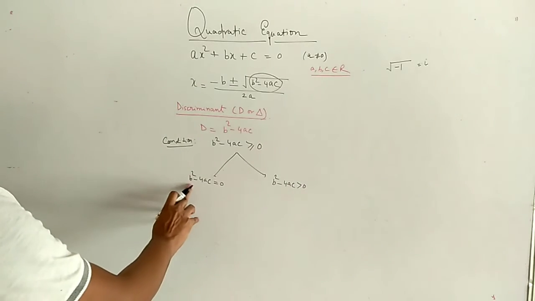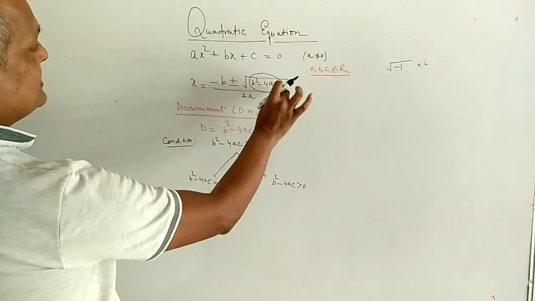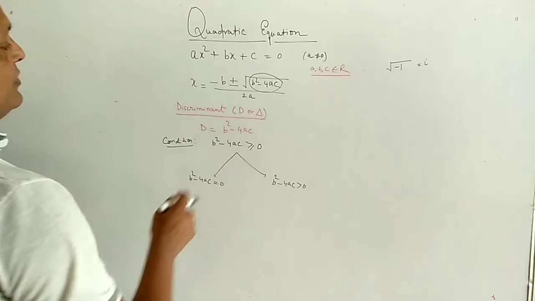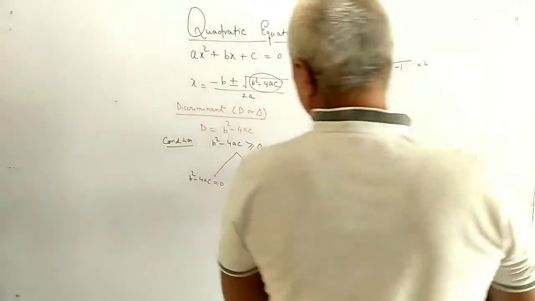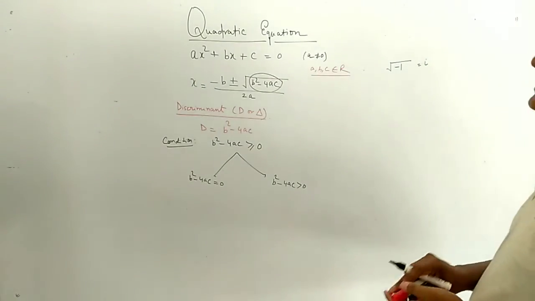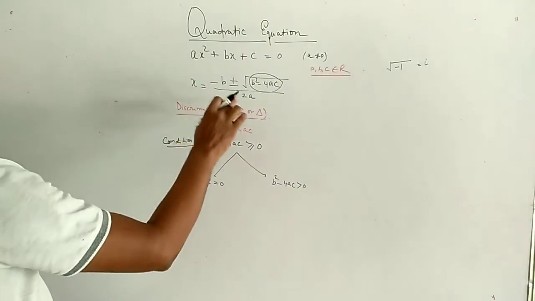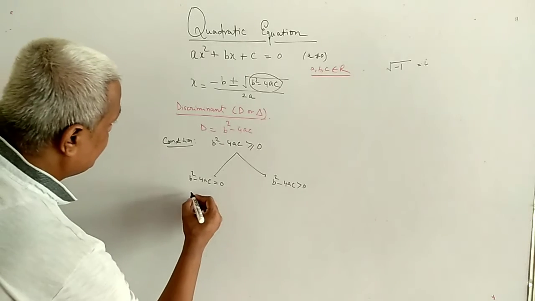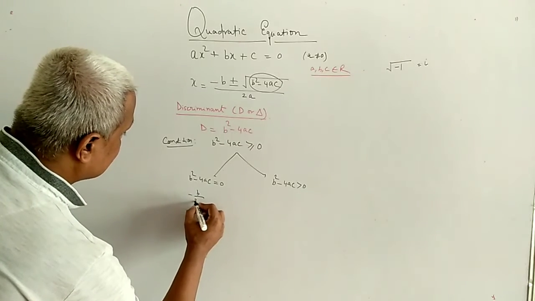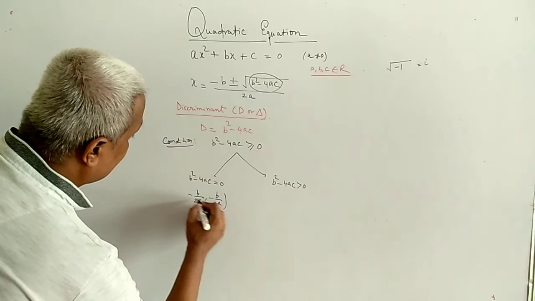If b square minus 4ac is equal to 0, then this part simply vanishes and you will get the value of x as only minus b over 2a, and that is the case of equal roots, because both the roots will be minus b over 2a.